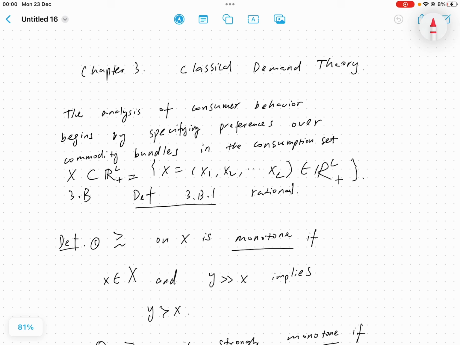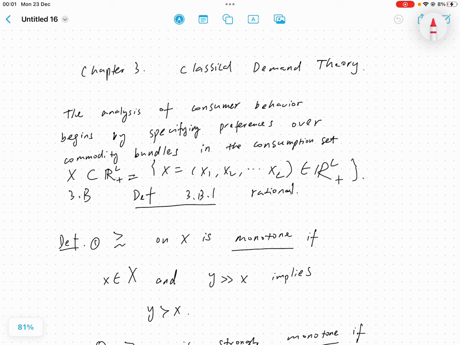Because we're looking at demand theory, the consumption problem, capital X will be a subset of L-dimensional real space.